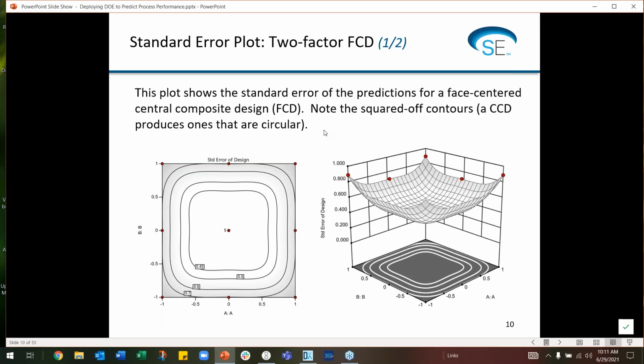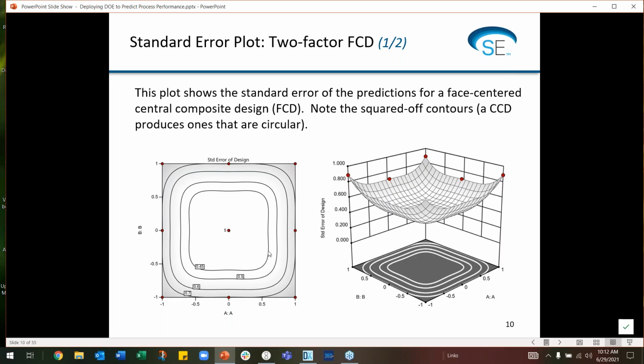Prior to having this statistic of FDS, we used to look at standard error graphs. So this is the standard error of a simple two-factor face-centered central composite design. And this graph shows you the area of the design space that has a standard error of 0.45.